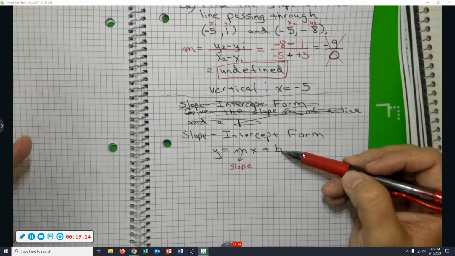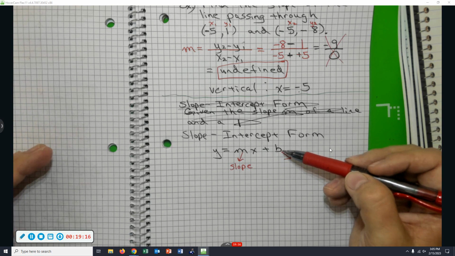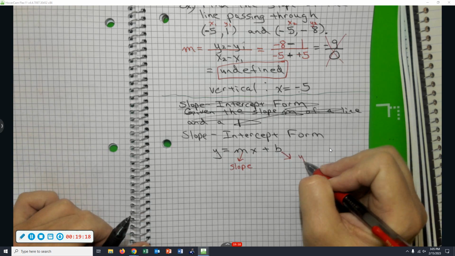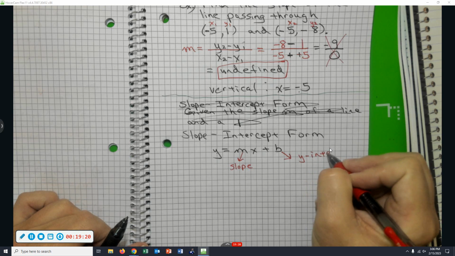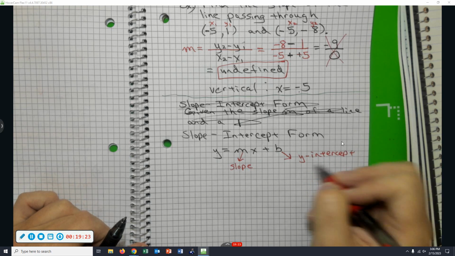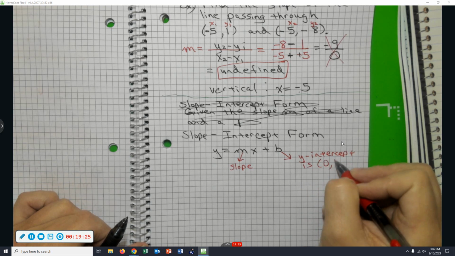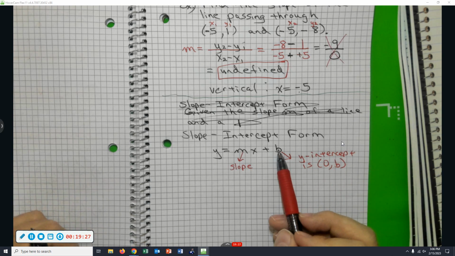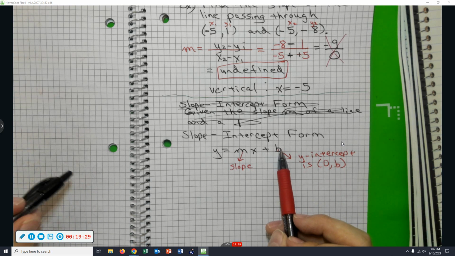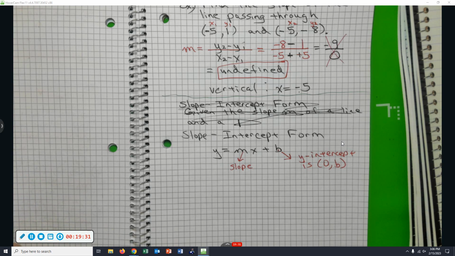The b is the y-coordinate of the y-intercept. That b value tells you what number on the y-axis the graph passes through.